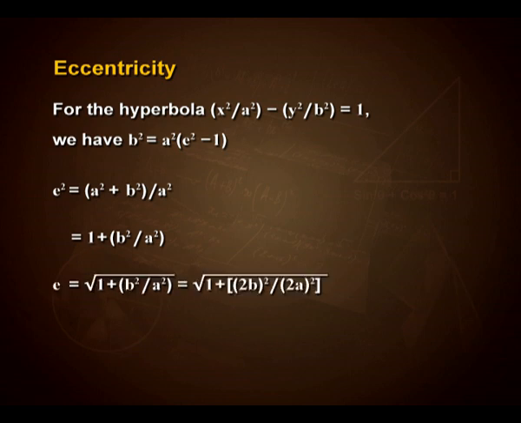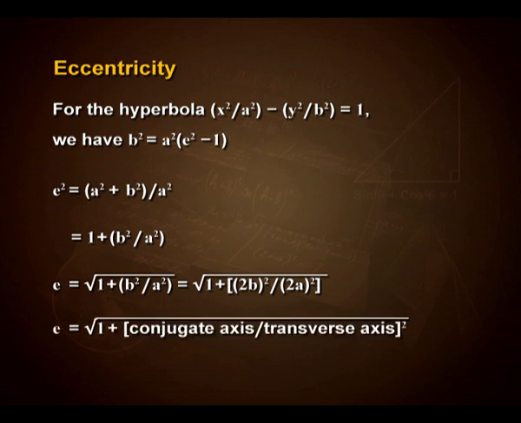So, e is equal to square root of 1 plus b square upon a square, which can be further simplified as square root of 1 plus 2b square upon 2a square. So, e is equal to square root of 1 plus conjugate axis upon transverse axis whole square.